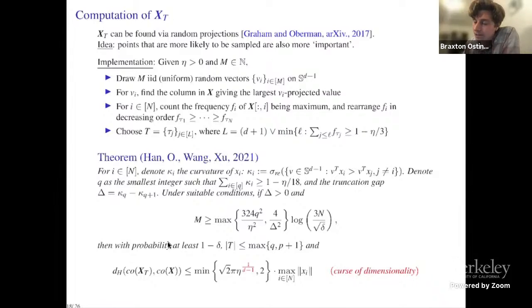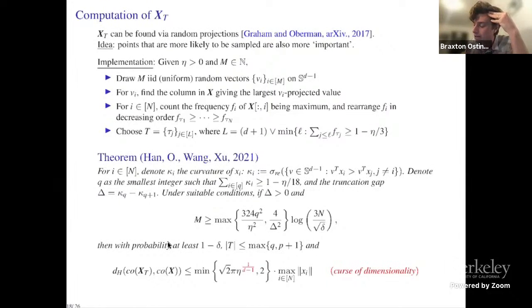Very roughly, I IID sample random vectors from the sphere, and I look at the projection of the columns of X onto those vectors, and then I basically keep the columns of X that obtain the largest projected value very frequently. You have to be careful about the number of columns that you keep, but that's the basic idea.